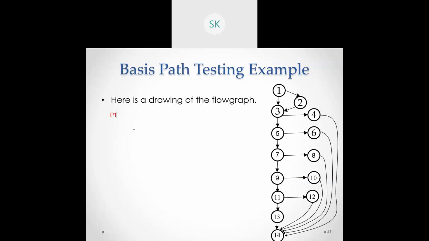For identifying the paths, either I need to go with independent path or basis path or Mecca-based basis path.